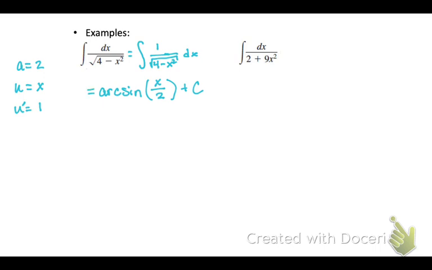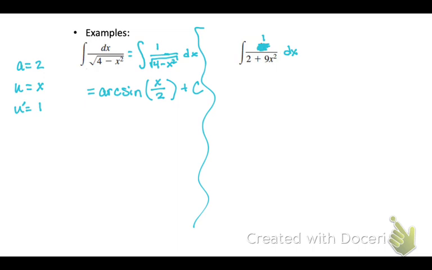So again, on this next one, instead of putting dx in the numerator, we want to just put a 1 and dx off to the side. To me, it just makes it so much easier. So the 3 things we need to identify on all of them are a, u, and u prime, right?